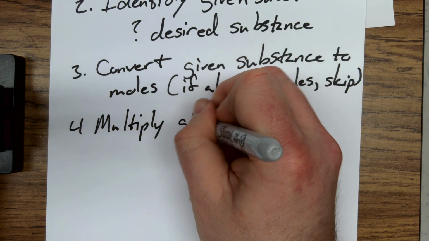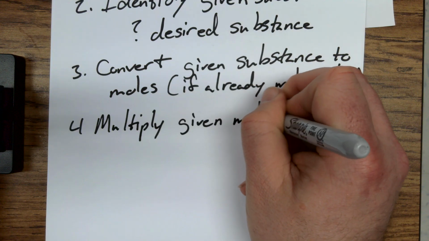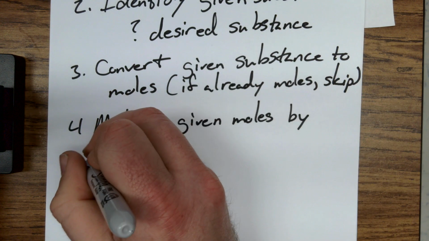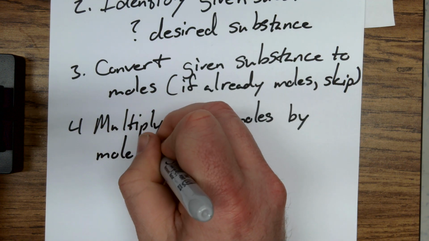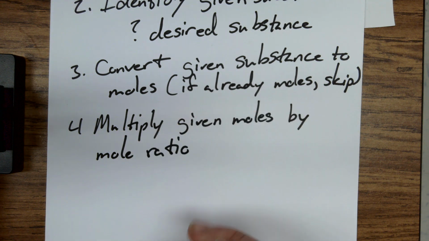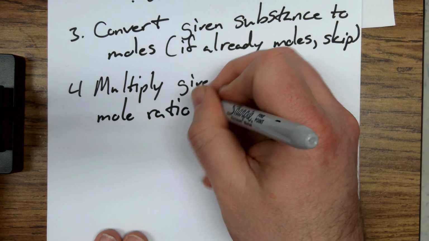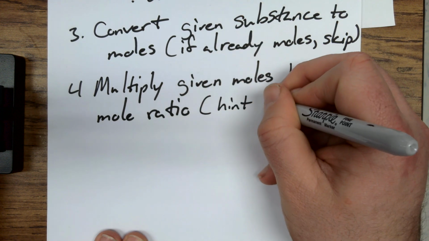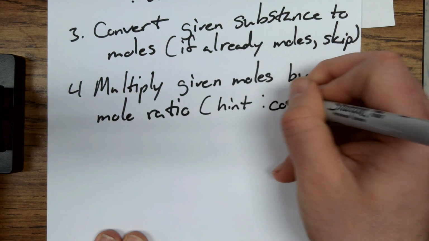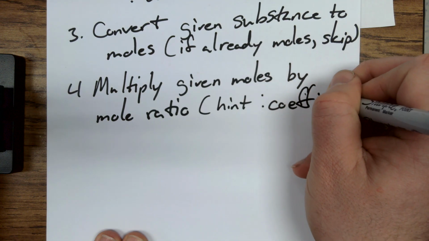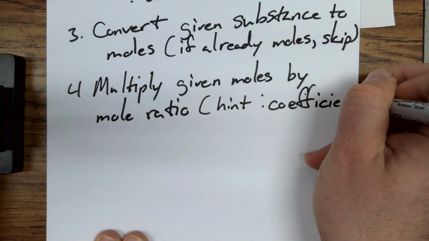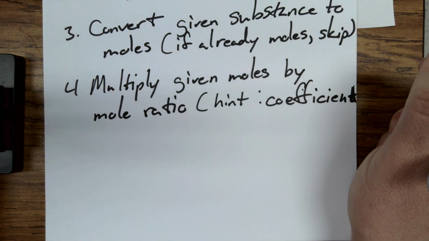Multiply given moles by mole ratio. Hint, they are the coefficients. Sorry, I ran out of space there.